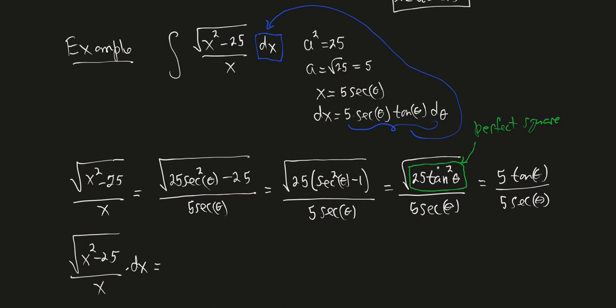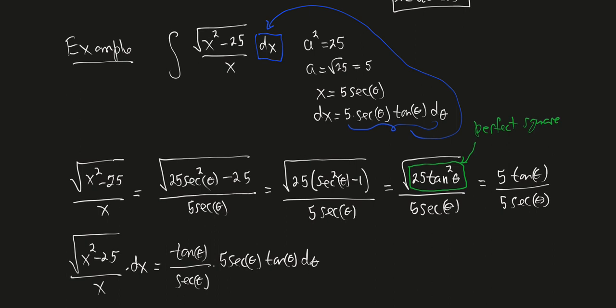So replace the square root of x squared minus 25 over x with the tangent theta over secant theta. So let's write that. And then replace the dx with this other differential, the 5 secant theta tangent theta d theta, right?